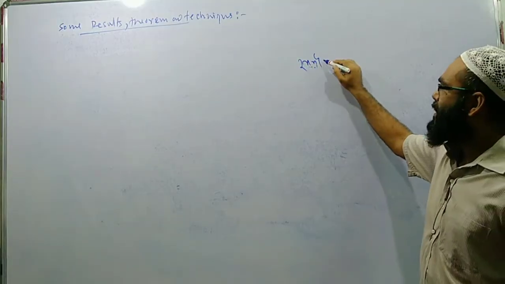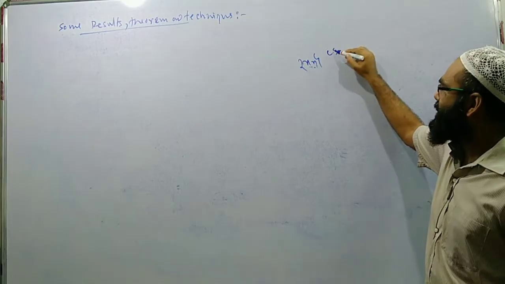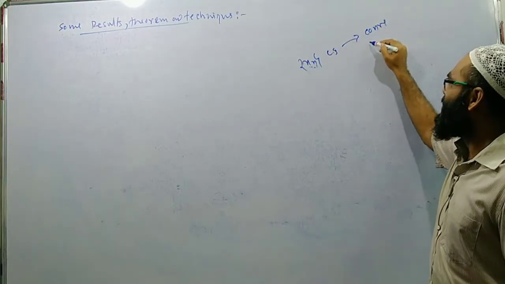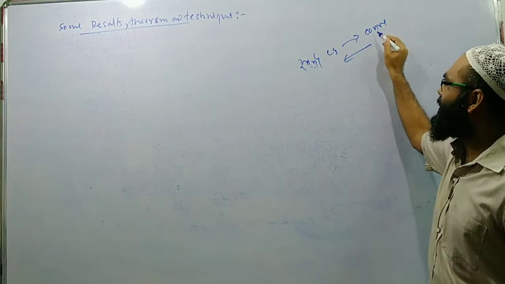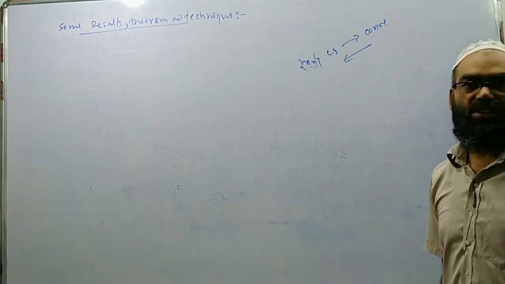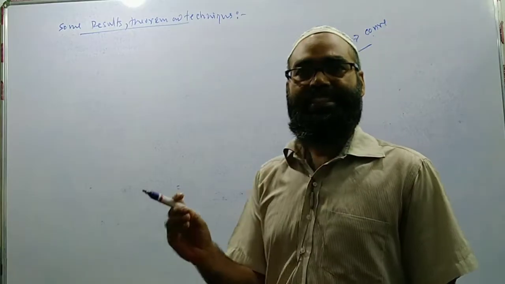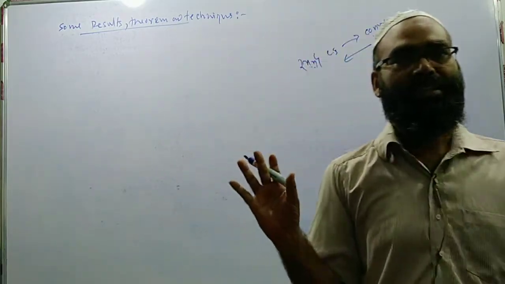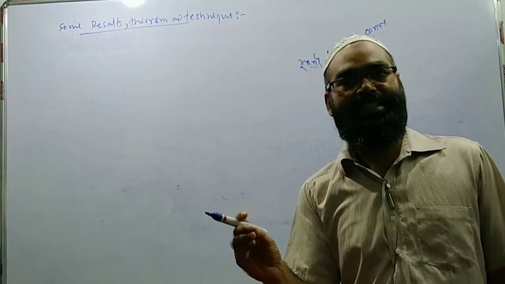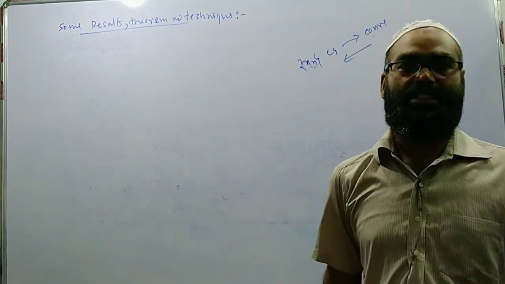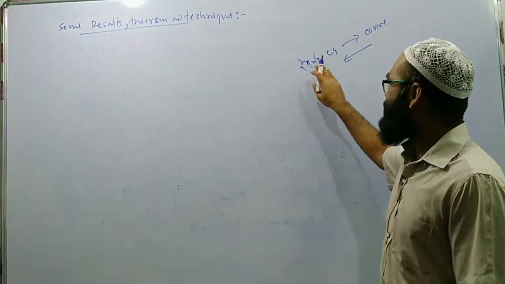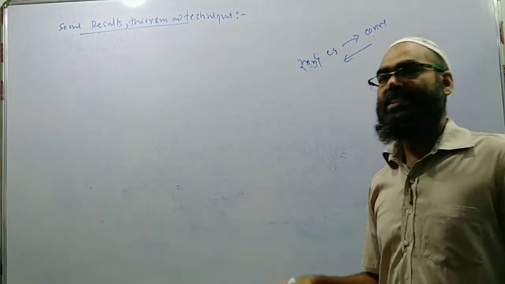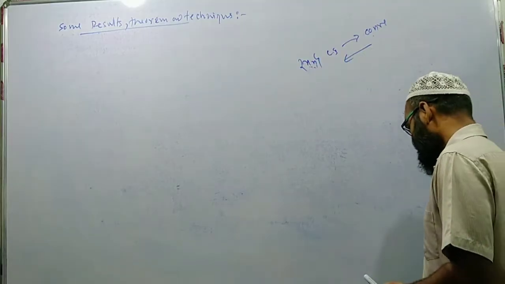That is, if xn is a Cauchy sequence, then it is convergent, and conversely, if the sequence is convergent, then it is a Cauchy sequence. This is the necessary and sufficient condition for a sequence to be Cauchy or convergent. A sequence is convergent if and only if it is a Cauchy sequence.